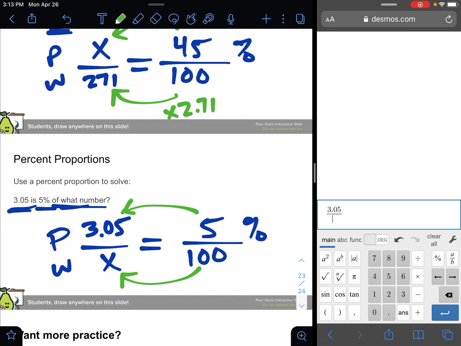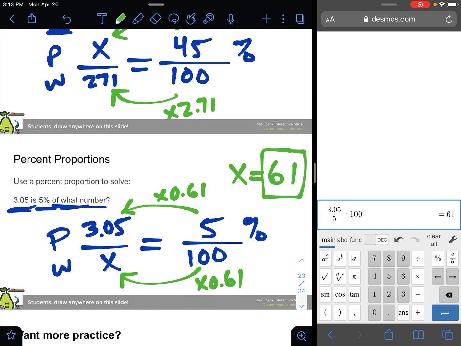If we do 3.05 divided by 5, that's not a bad scale factor to work with, times 0.61. Same thing to the bottom. That times 100, hopefully you can do in your head. Move that decimal twice, and you get your answer, 61. And those are some examples of how to find the part, the whole, or the percent.